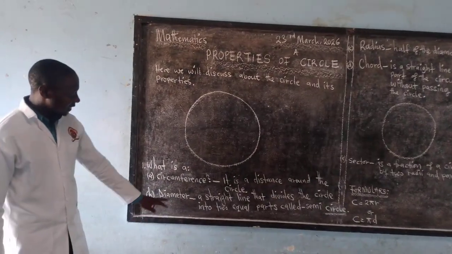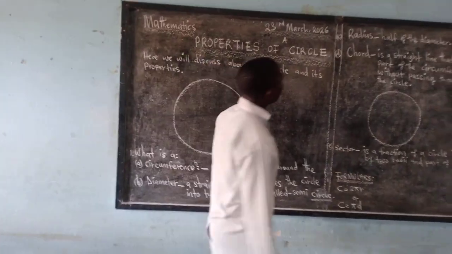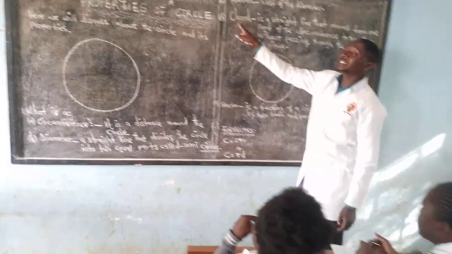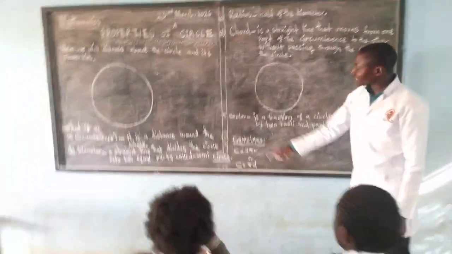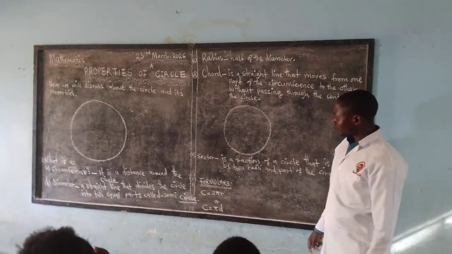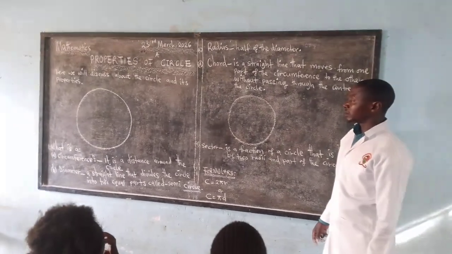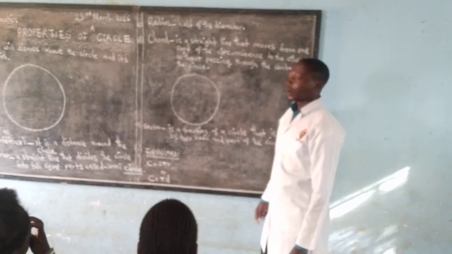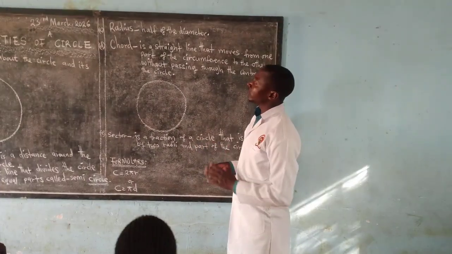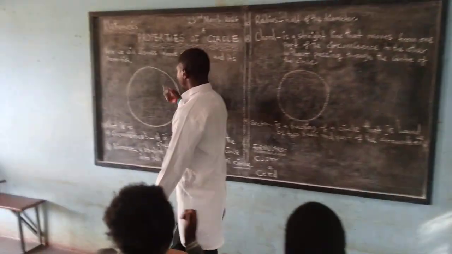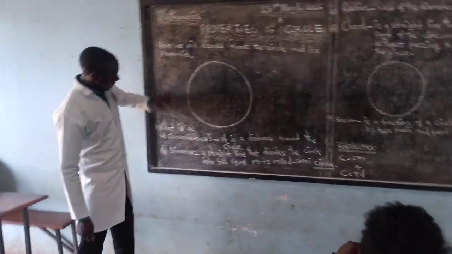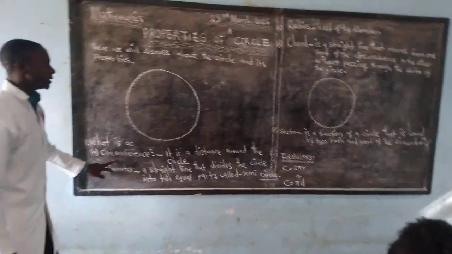A normal circle must have a diameter, a radius, a chord, a sector, and an arc. We will only discuss what is important, what is on this side. So, for a start, since a normal circle must have a circumference, what is a circumference?